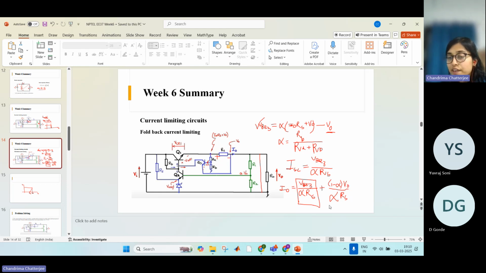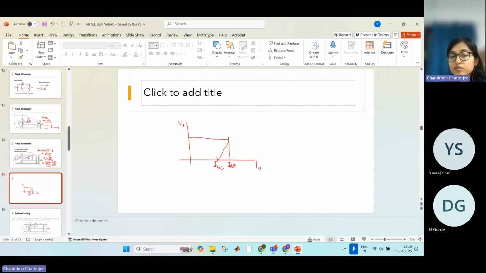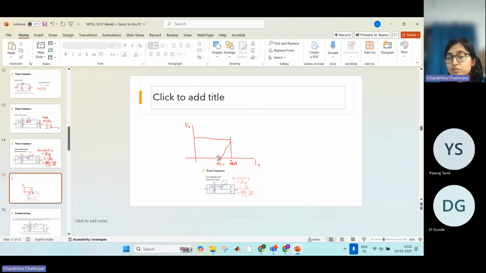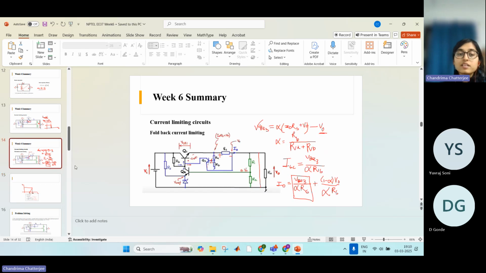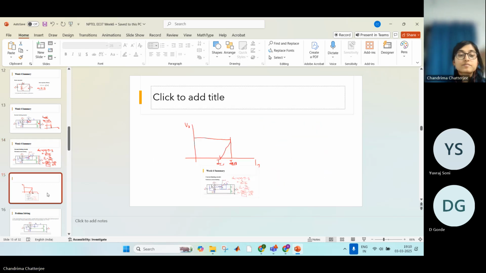So this term vanishes. This is the short circuit current. So if you design it for your rated current condition, then in the occurrence of a short circuit, the current will come down from this value to this value, which is your short circuit current, right? So that's why it is called a fold back current limiting circuit.